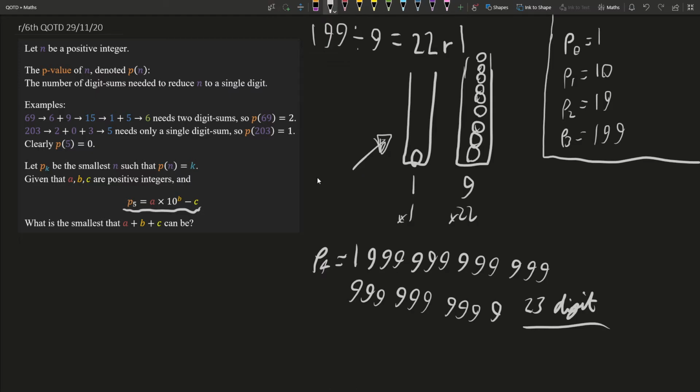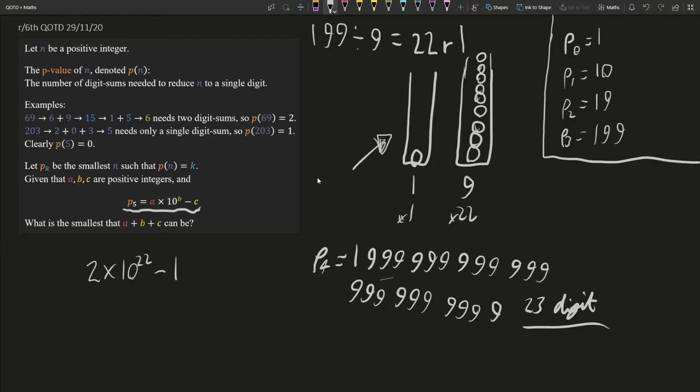Okay, so how is P4 expressed in this answer format? Well, we can write P4 as 2 times 10 to the 22. So this is a 23-digit number, and then we just take 1 off it, because this is like 2, 0, 0, 0, 0, 0, 0, 0, 0, minus 1.